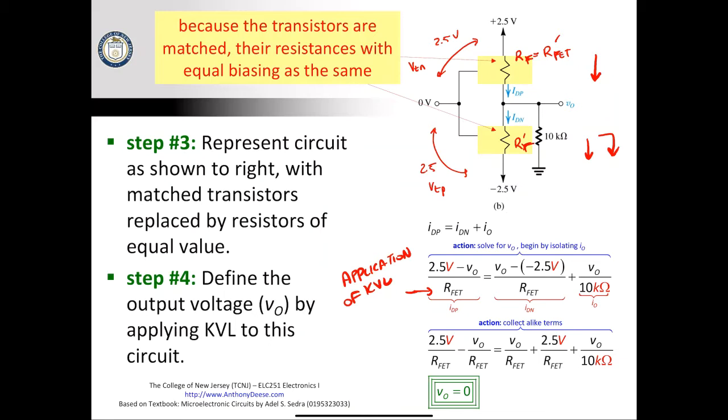So you can see here that I was very careful to match the current values. We have IDP, IDN, as well as IO down here. And so once we complete the algebra, we end up with a value of V out equals 0. And this makes sense given what we know about the way that matched transistors work anyway. If the same voltage is applied across both of them, the midpoint will be the total voltage divided by 2. So we have 5 volts divided by 2, shifted down by 2.5 volts, and so we end up with 0.